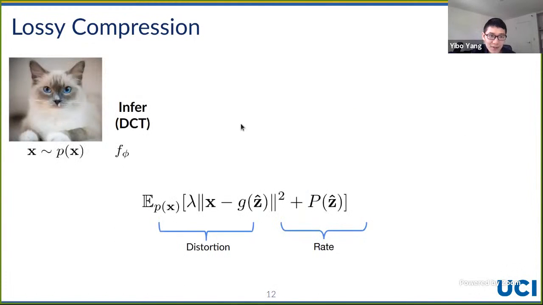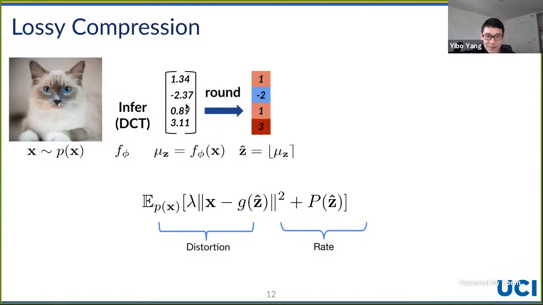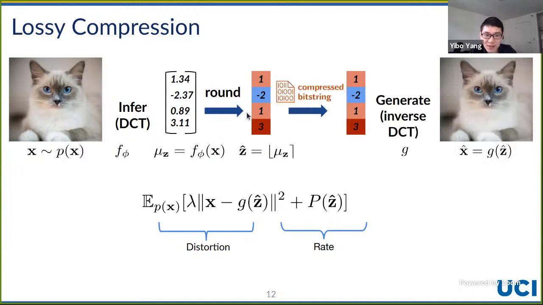So this JPEG algorithm actually illustrates this idea of transform coding pretty well. What this transform coding idea is really about is, given some image, we apply some algorithm, in this case the DCT algorithm, that infers or encodes some vector of numbers, and then you apply rounding to this value, such that you end up with integer value symbols.